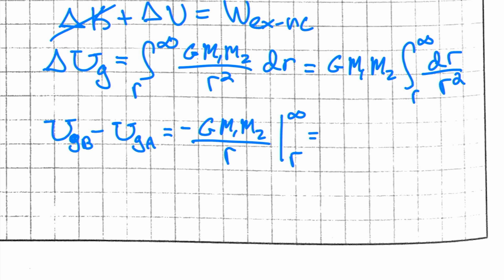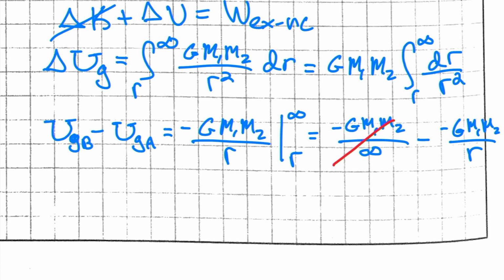When I evaluate this, I get negative G M1 M2 over infinity minus negative G M1 M2 over r. This term is 0. These two negatives cancel each other out, and remember U_GB was defined to be 0 as well.